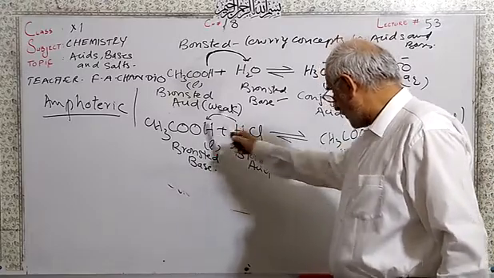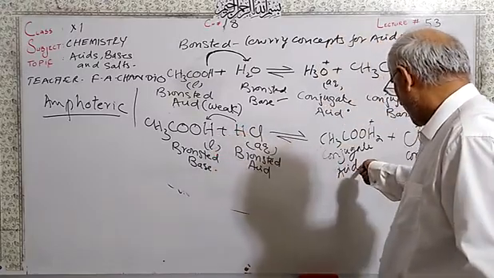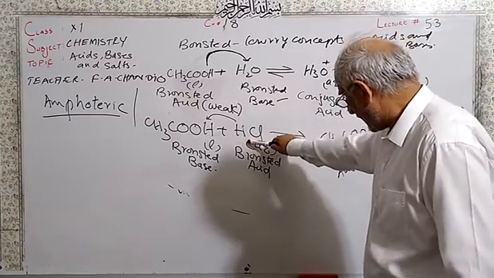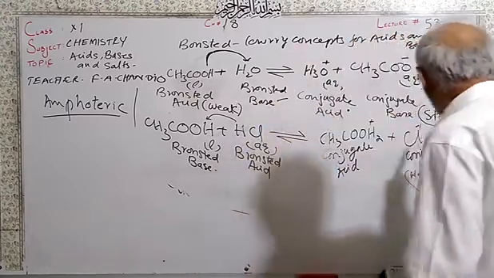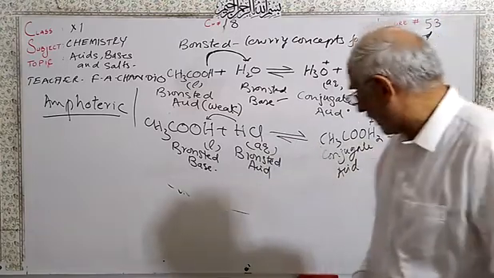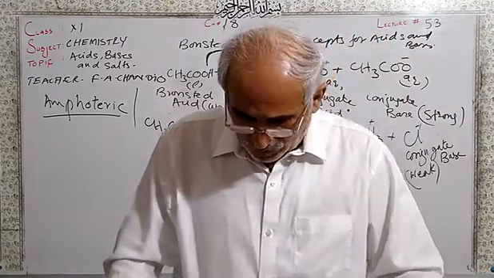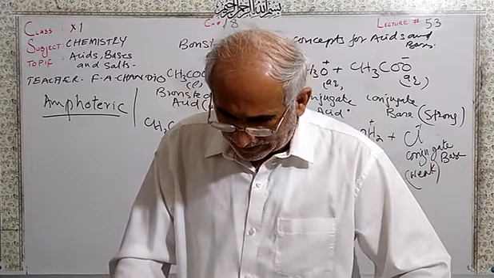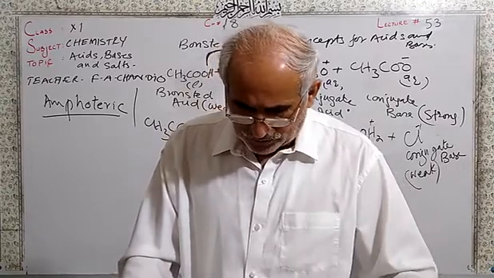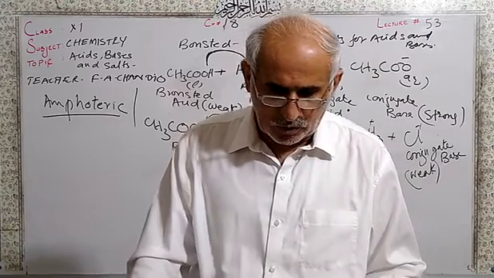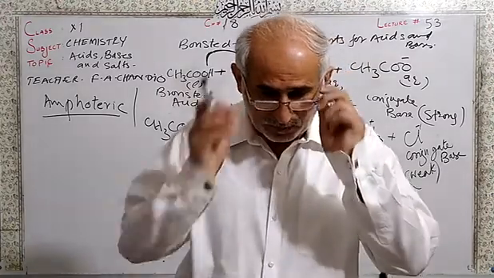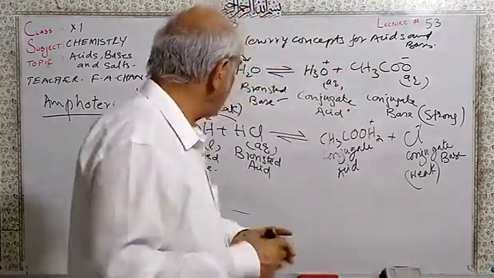When it accepts a proton, the resultant is called the conjugate acid. And when the Brønsted acid donates a proton, the resultant species is called the conjugate base. The conjugate base is the species left behind after donation of a proton from the acid. Now there is one thing.